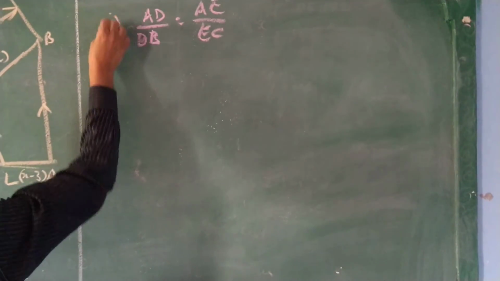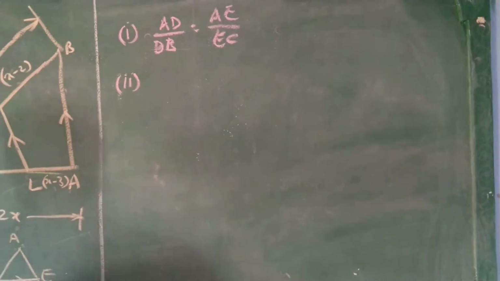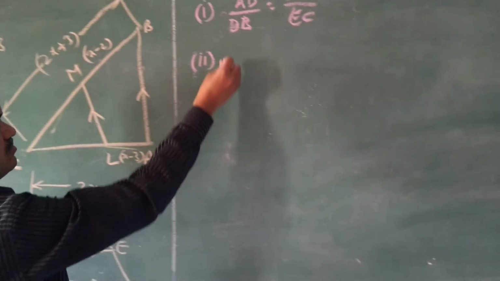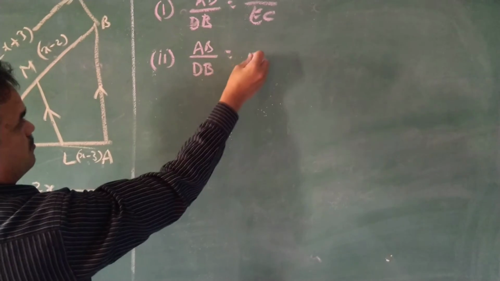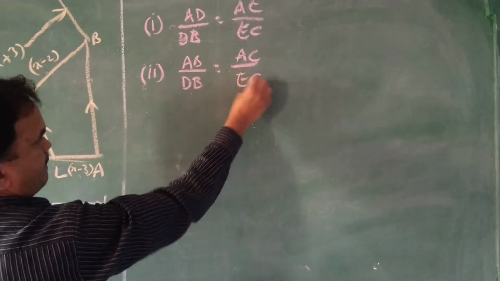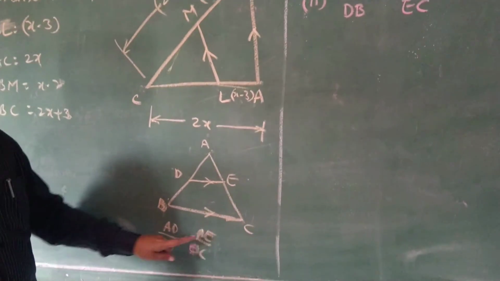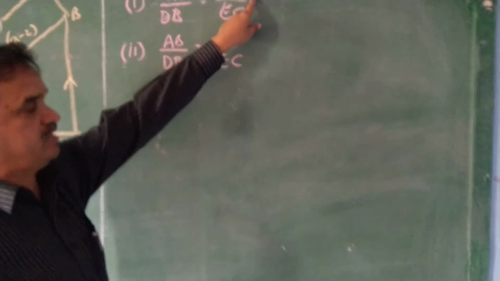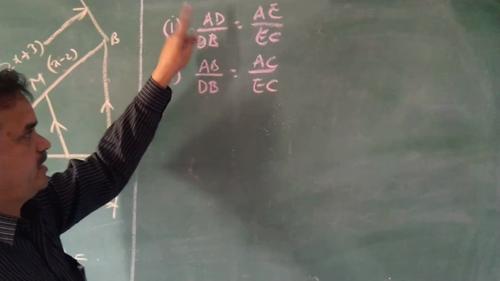Here the first point, you already know. The second point is AB by DB is equal to AC by EC. By adding plus 1 to both sides, that is called componendo and dividendo.